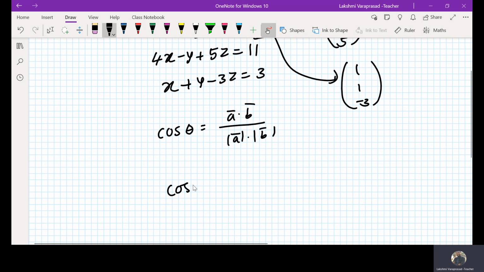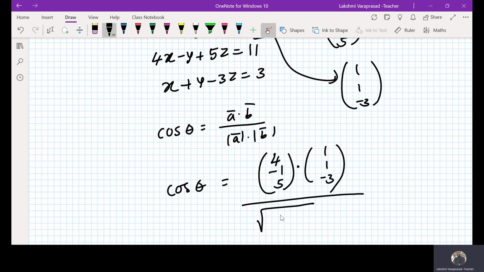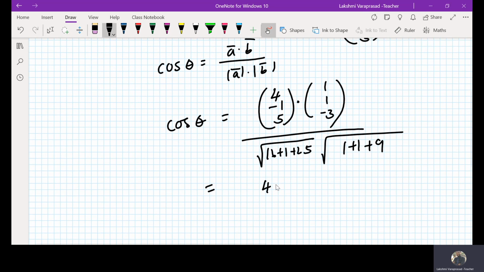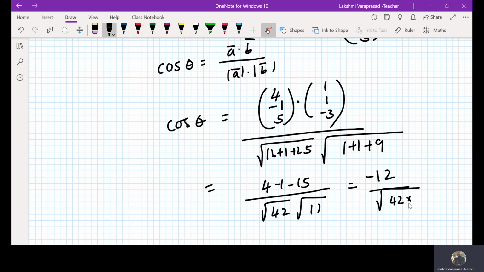Very simple, as I mentioned. cos theta is equal to the dot product of (4, −1, 5) and (1, 1, −3), by mod a bar, which is 16 + 1 + 25, and similarly 1 + 1 + 9 for the other. 25 and 16 is 41, and 42 in total. The numerator is 4 − 1 − 15, so it is −12 by root 42 into root 11.